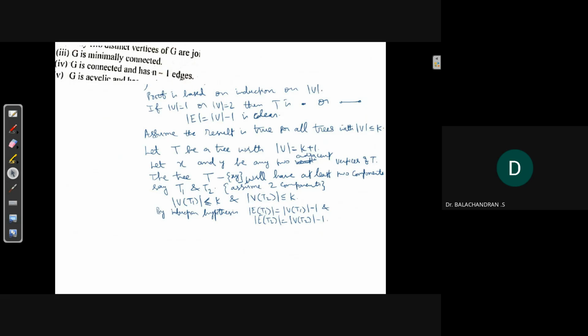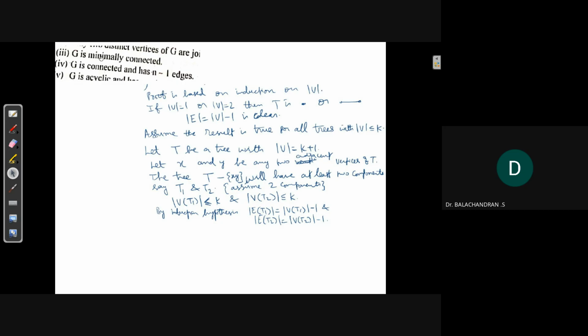In the previous lecture we proved that G is minimally connected if and only if G is a tree. So the assumption is G is minimally connected, and hence connectedness comes automatically. But you need to prove it has n minus 1 edges.